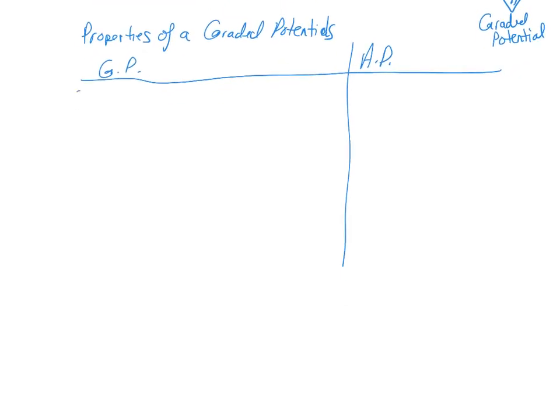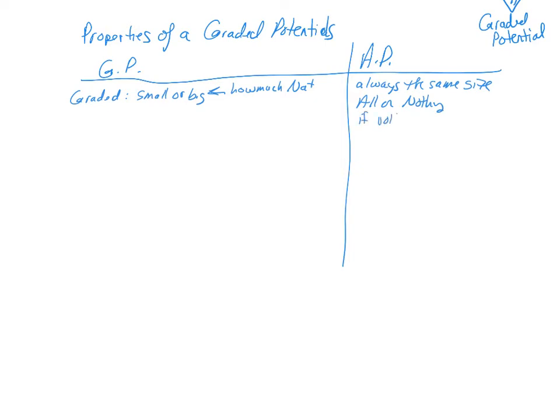Graded potentials, the word graded, all right, means small or big, okay? And this is completely dependent on how much sodium enters, okay? Action potentials, always the same size. All right, they are always all or nothing.